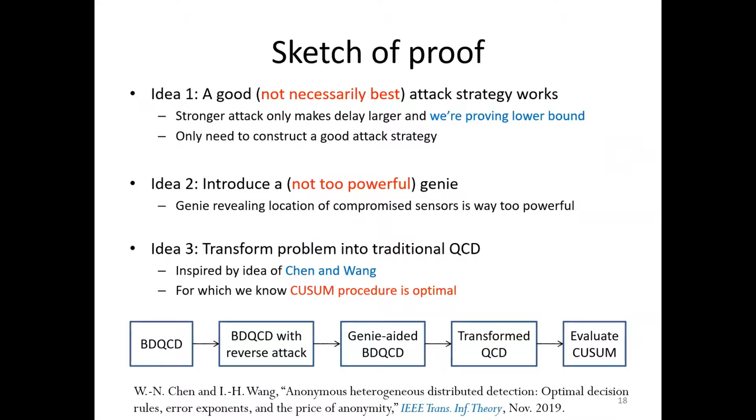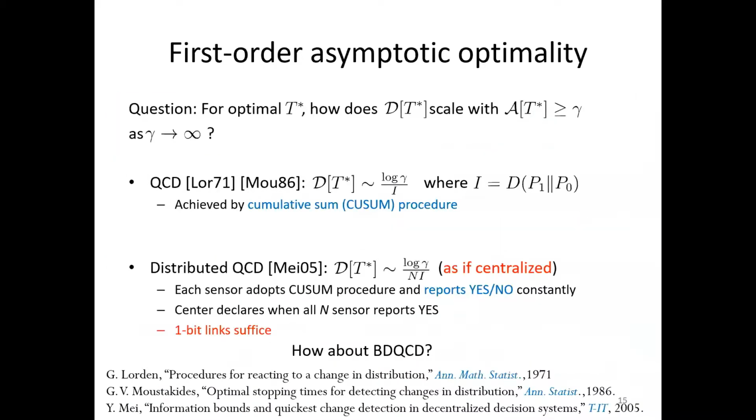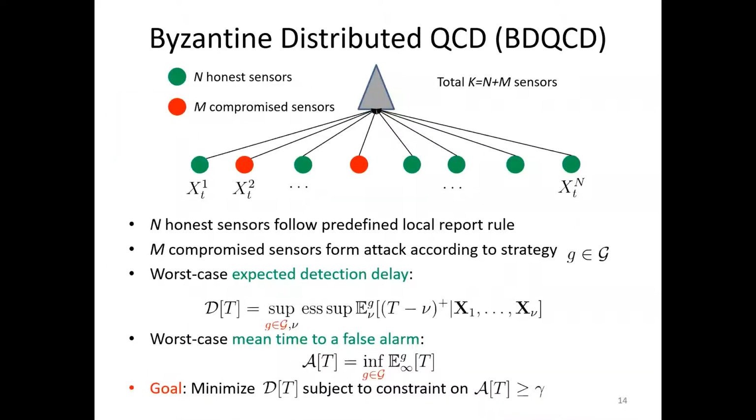All right, so here is the schedule of the proof. All right, so in our proof, there are three main ideas. Okay, so the first one is that since we're proving a lower bound, we don't actually need to find the best G. Okay, so this gets back to Wan Cheng's question, do we know the G? So here, although the D and the A are defined for the best G, right?